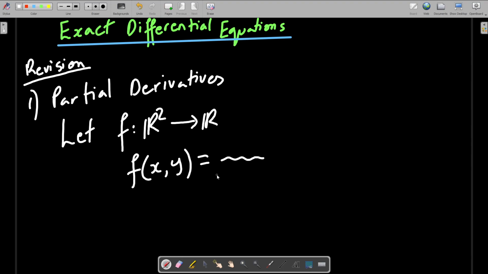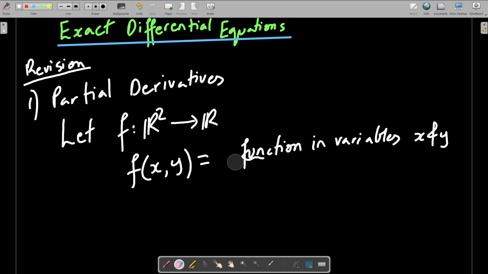Now, unlike what you had studied till now, this is a function in variables x and y.